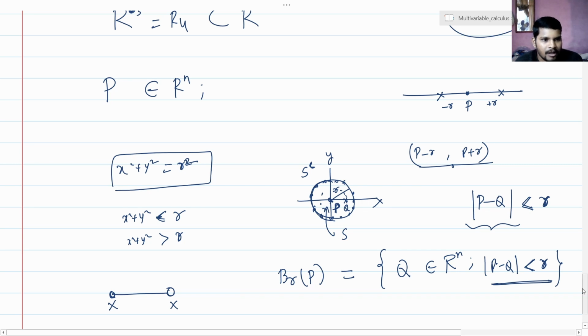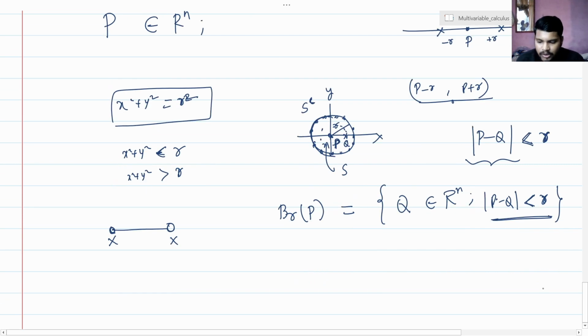Similarly, you have the 2D and the 3D. When we are excluding the boundary, in 1D it is called open interval. In 2D it's an open disk, because it has all the collection of points inside this boundary. So we can call it an open disk.